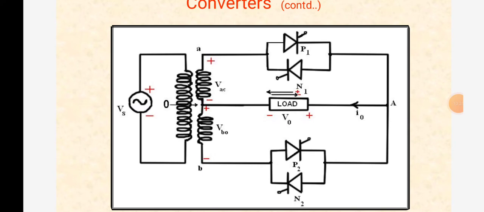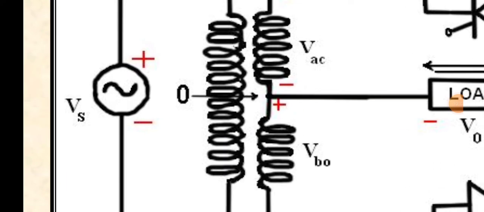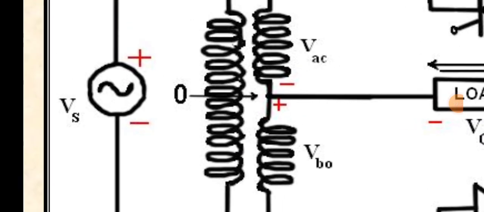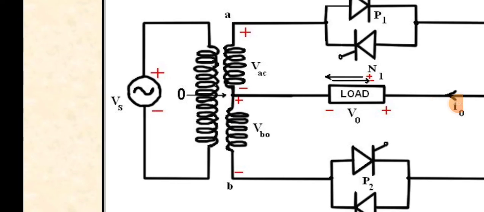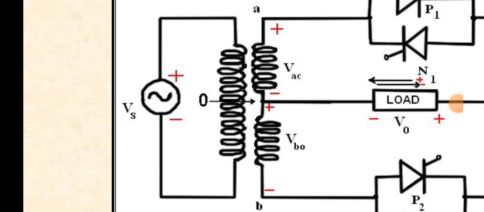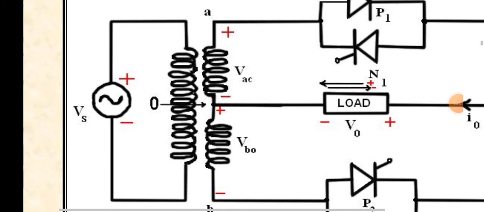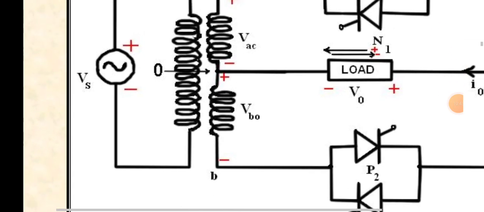this is the diagram for the center tapped cycloconverter. Here is the supply voltage, the source voltage, and here is the center tapping, and here is the primary and the secondary. This secondary has the center tap, and it has the small a and small b terminals.